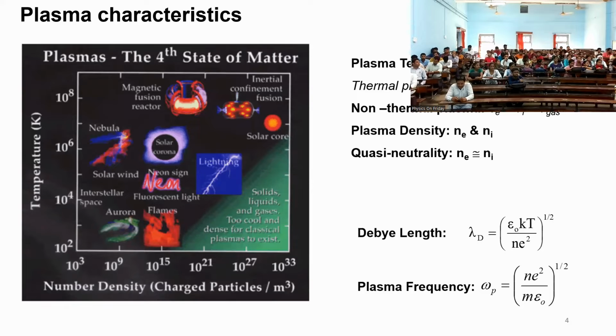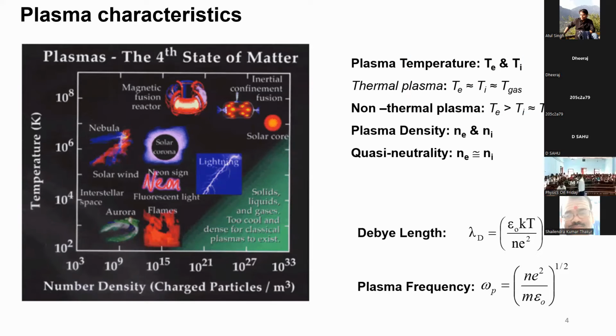It is called temporal shielding, in fact. If suddenly some electric field is there, 1 by omega p gives the time scale at which the plasma can reduce any electric field generated inside it by a disturbance. Okay. Fine.